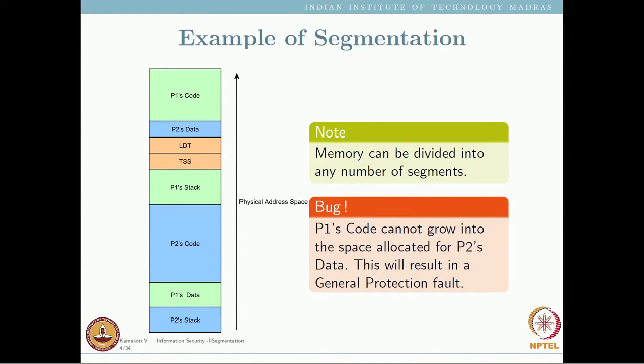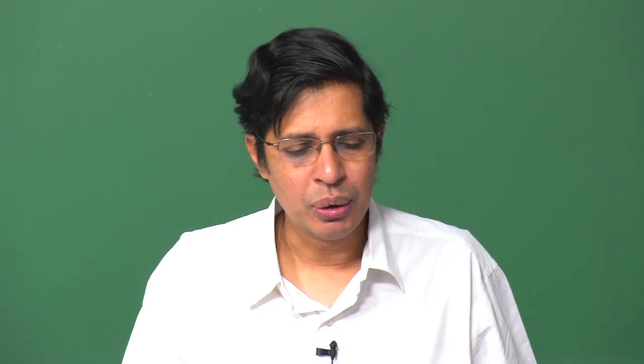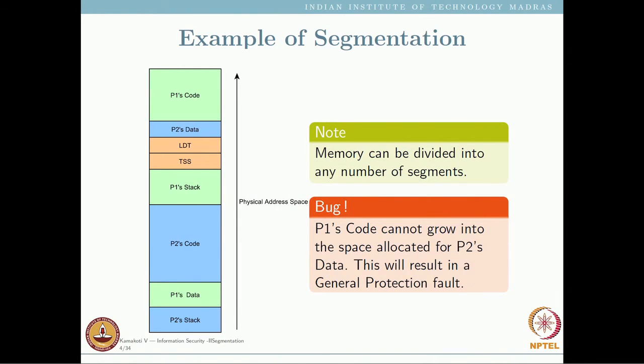Now this is how a typical memory will look when it is in run. There are two processes running, P1 and P2. You see P1's code, P1's data, P1 stack, P2's data, P2 stack and P2's code, and then you will have some LDTs and TSS. So this is typically how a segment will look.